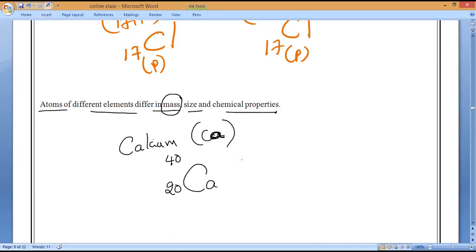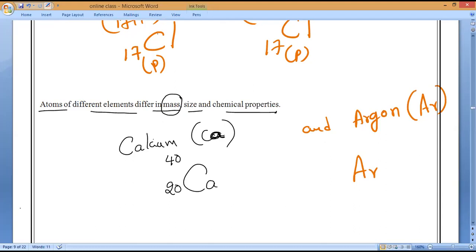According to Dalton, every calcium atom has the same mass. Now if I take another element, argon, which is Ar, does it have the same mass or different mass as calcium, according to Dalton?